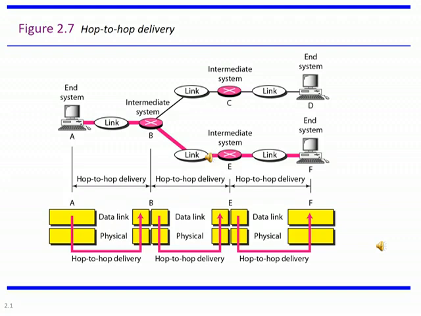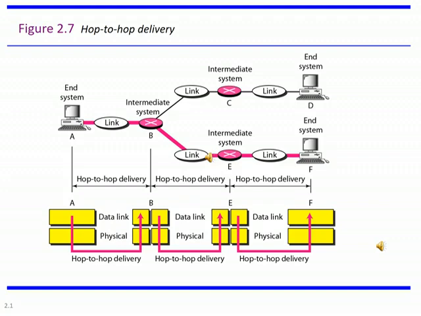for it. And this one you can see the hot-to-hot delivery. This means the data link and the physical layers they are connected together, and those data are the transfer from the ones are data link physical layer to another data link and the physical layer. So in this case, the A positions are A station include the data link and the physical layer, and the data going through hot-to-hot delivery and reach the B station, and then go passing through the data link physical layer, go to the hot-to-hot delivery and the E station, and also similar to the F station.